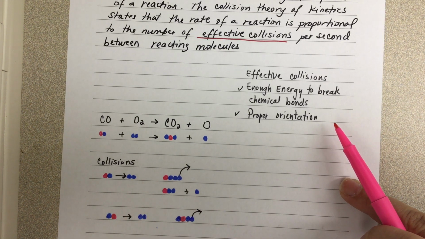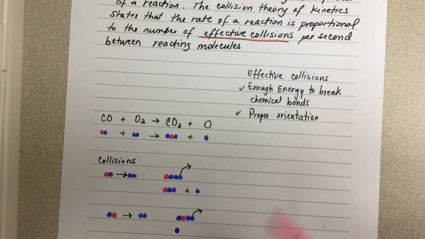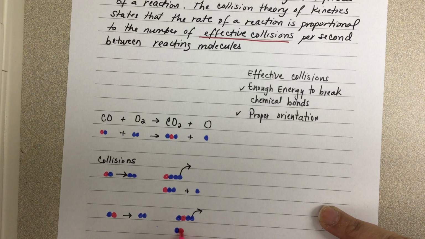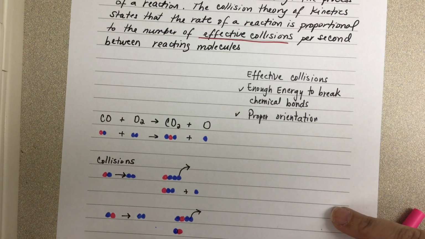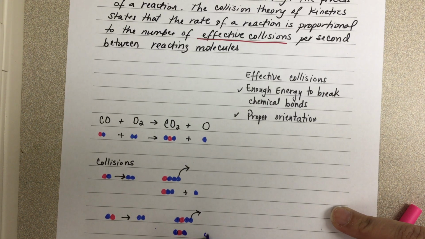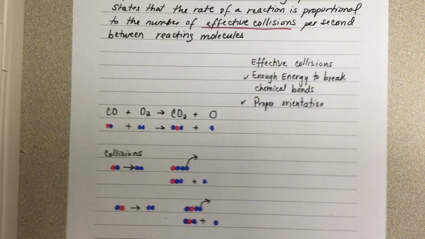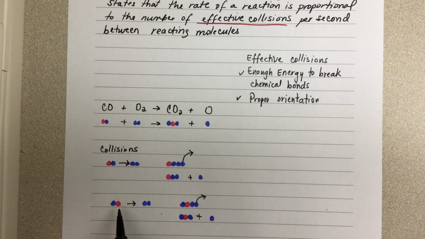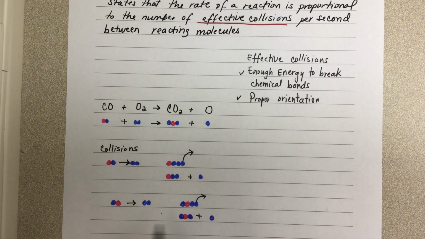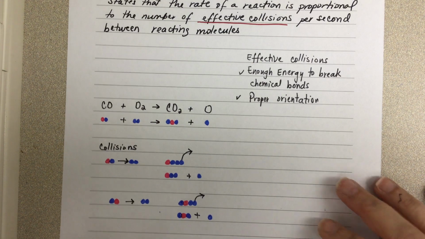Now, if the oxygen atom leaves, you're going to get the blue, the pink, the blue, plus the oxygen atom that is leaving. So if your collision happens with this specific orientation, you actually are going to be forming the product. Right? So that's what a proper orientation means, or what we can use to represent a proper orientation.